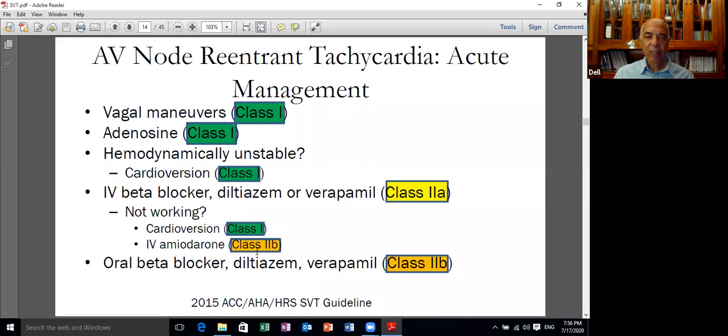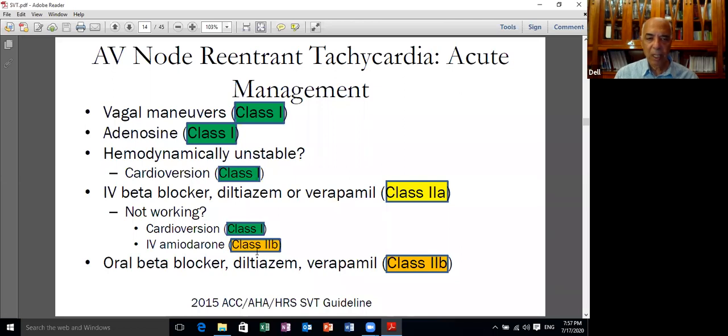If the vagal maneuver doesn't work, the class 1 indication drug choice is adenosine in the way we described. If the patient is hemodynamically unstable, cardioversion. If the adenosine didn't work or is contraindicated because the patient is asthmatic or has some form of conduction defect, or has been receiving Persantine, caffeine, or theophylline within the past half an hour, then intravenous beta blocker, diltiazem or verapamil, in contrast to the rapid bolus injection of adenosine.